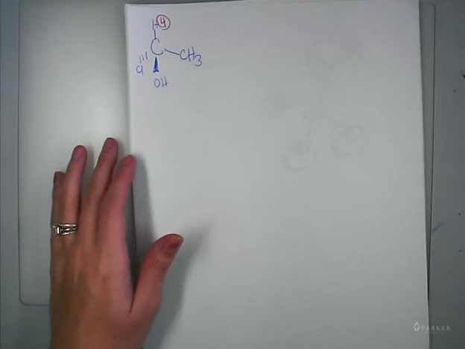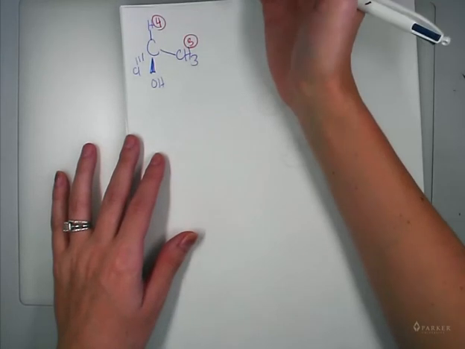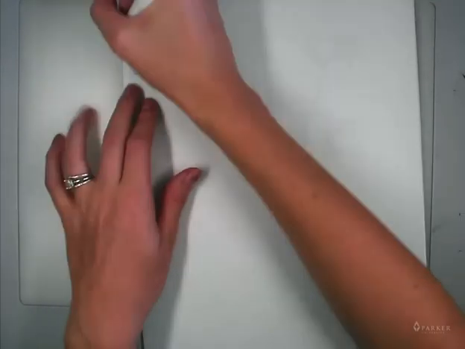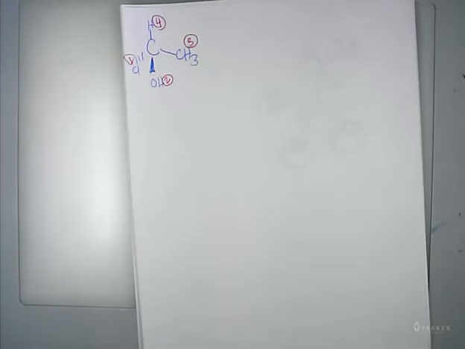What is 3? CH3. What's number 1? Chlorine. And then that would be number 2. They didn't copy very well, but the darker lines are the wedges, and the one that's a little bit lighter is actually a dash.